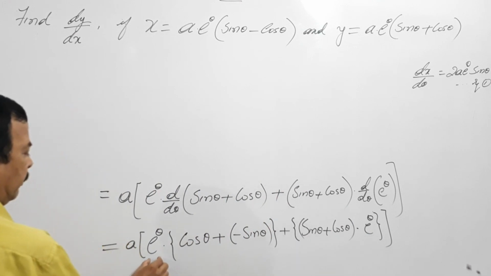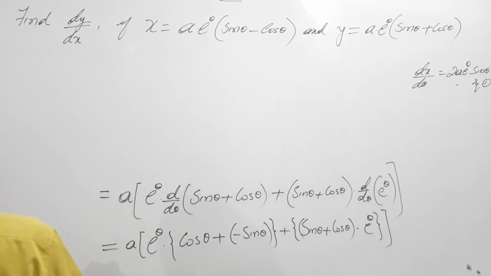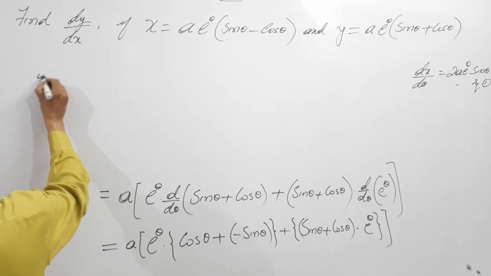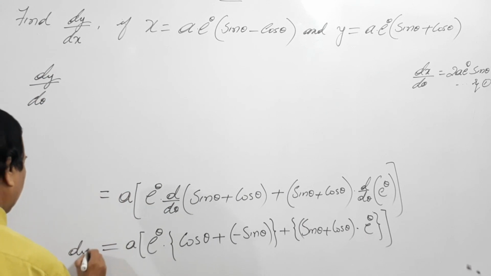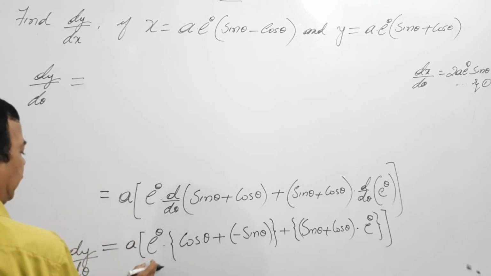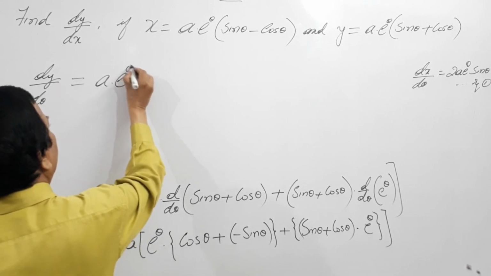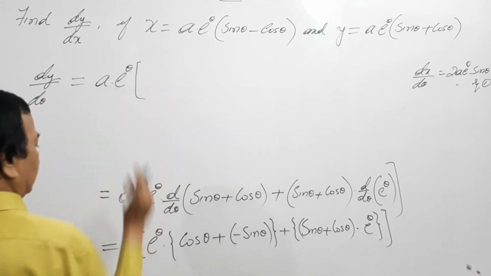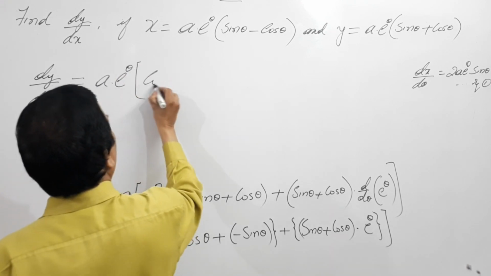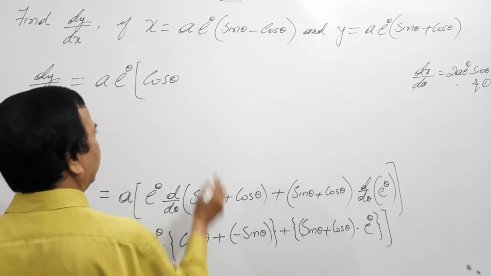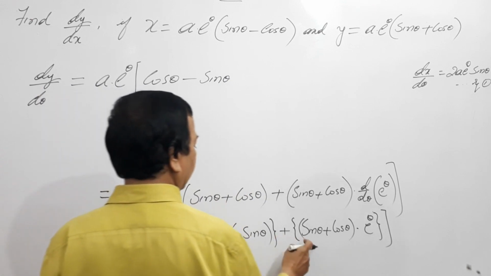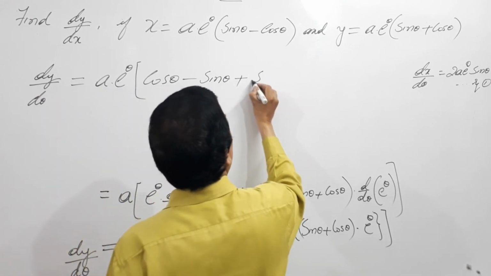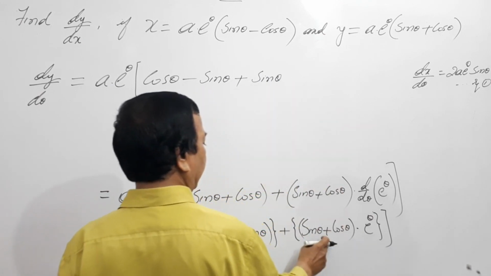So I take e to the power of theta common on both sides, that is dy by d theta. So I left cos theta plus into minus sin theta, plus sin theta and plus cos theta.